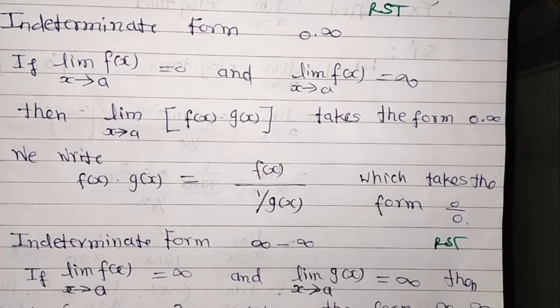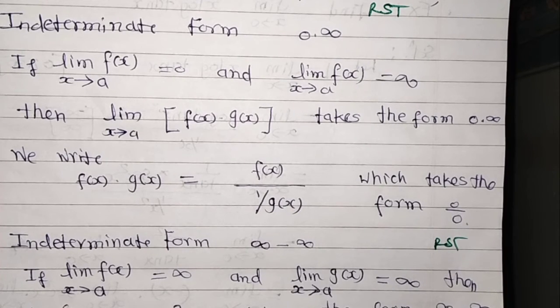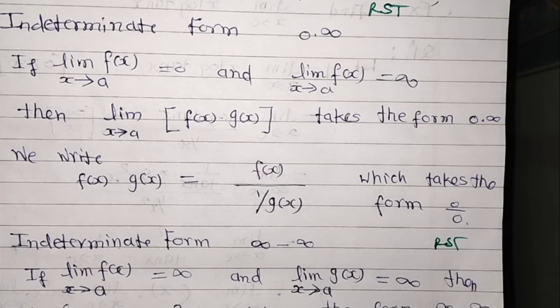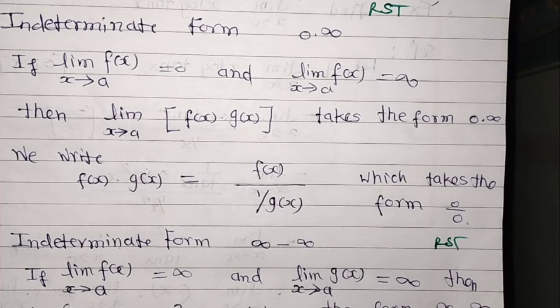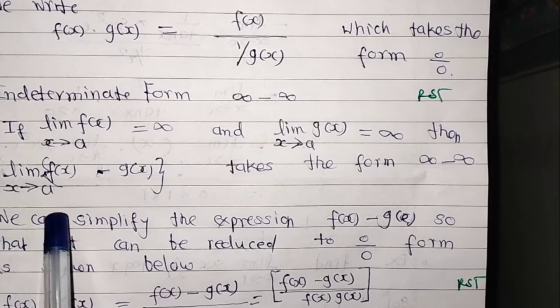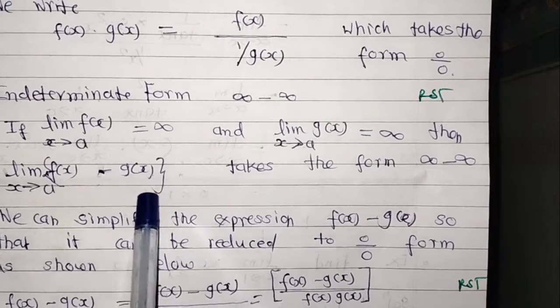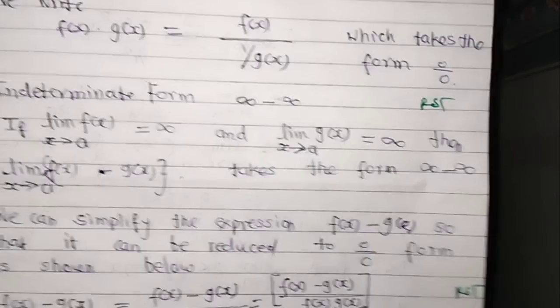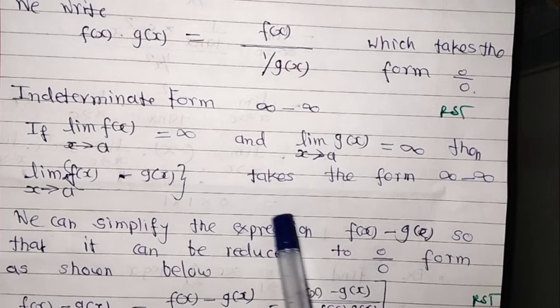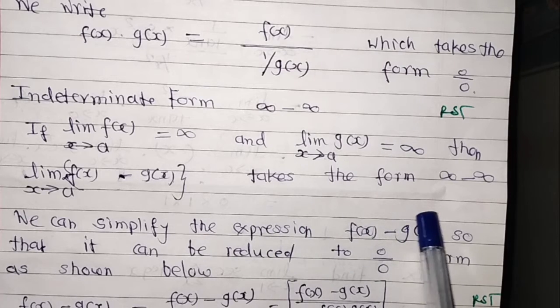Now consider the indeterminate form infinity minus infinity. If limit of f(x) as x tends to a equals infinity and limit of g(x) as x tends to a equals infinity, then limit of f(x) minus g(x) as x tends to a takes the form infinity minus infinity.